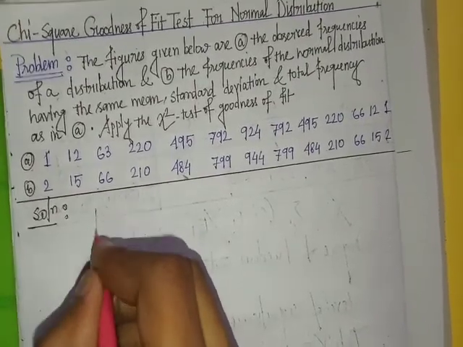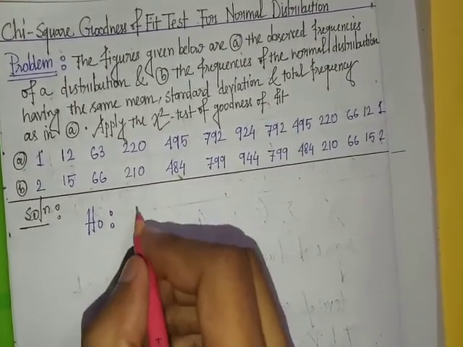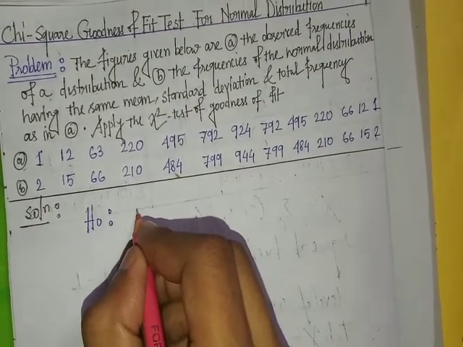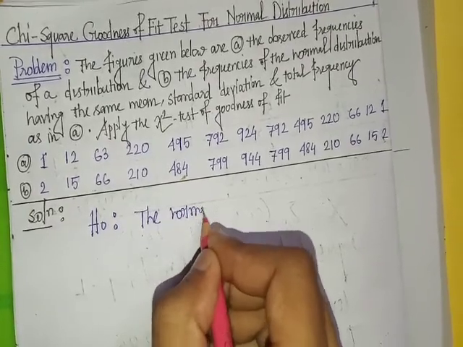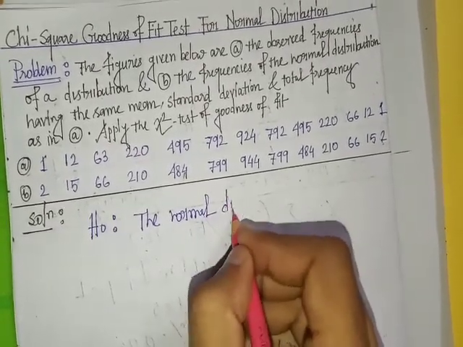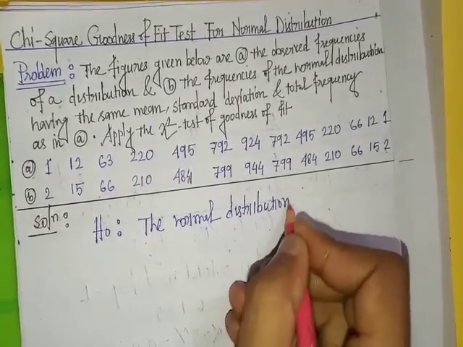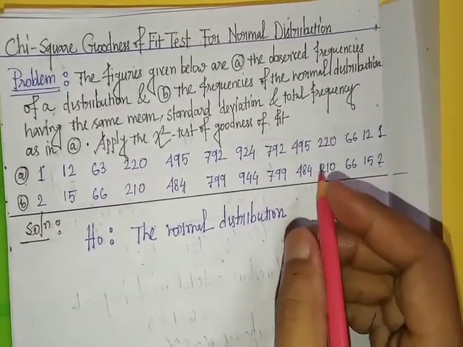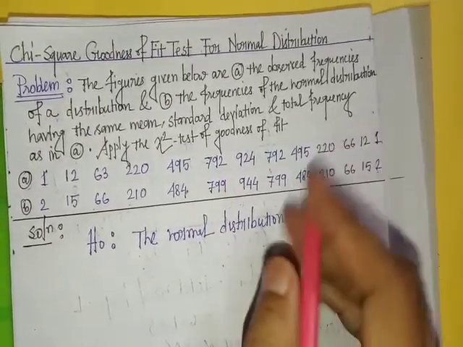First, the null hypothesis: the normal distribution is a good fit to the given frequency distribution.